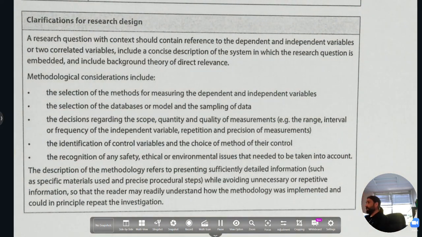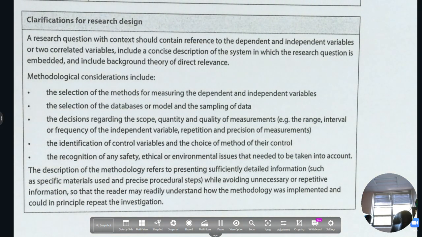So what that means is, let's say your experiment is changing the concentration of an acid and measuring. Start writing these ideas down.